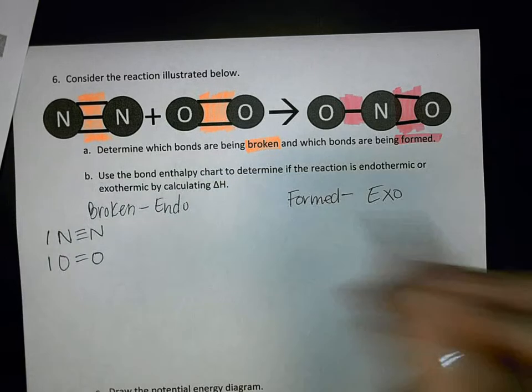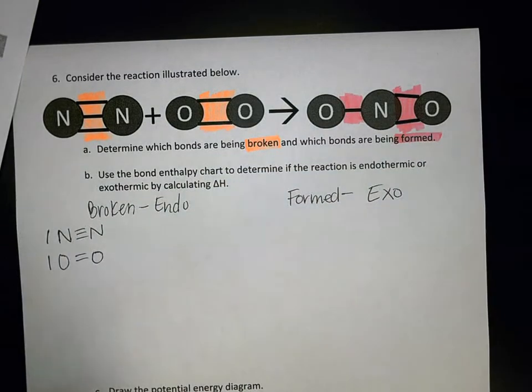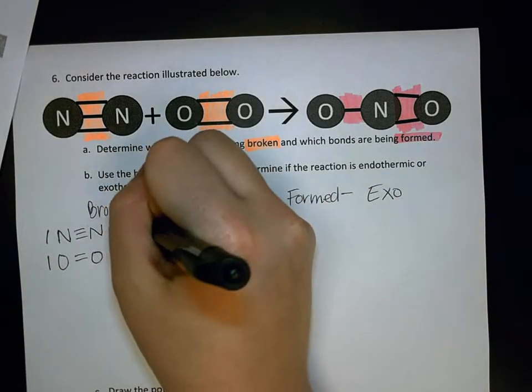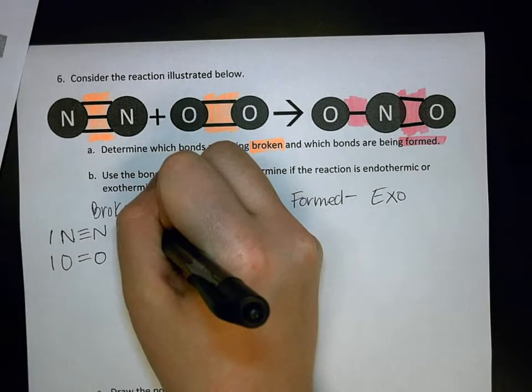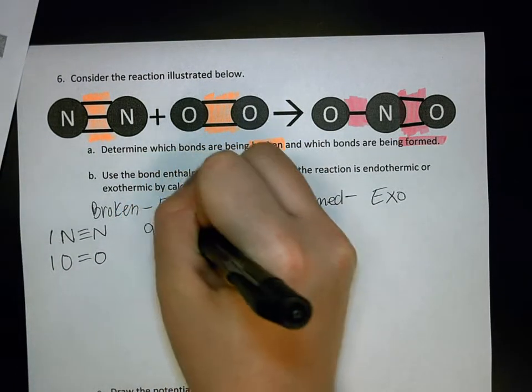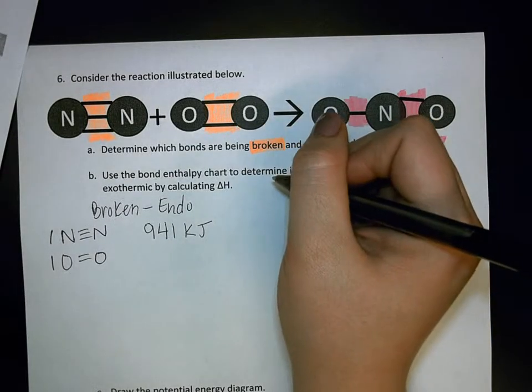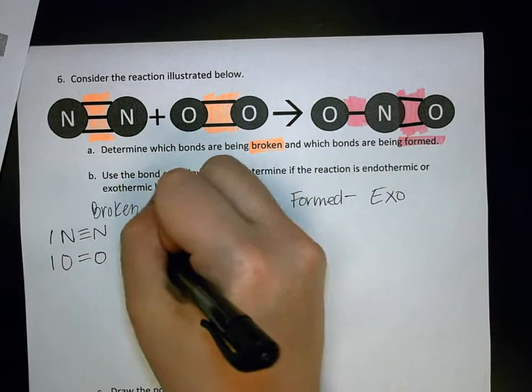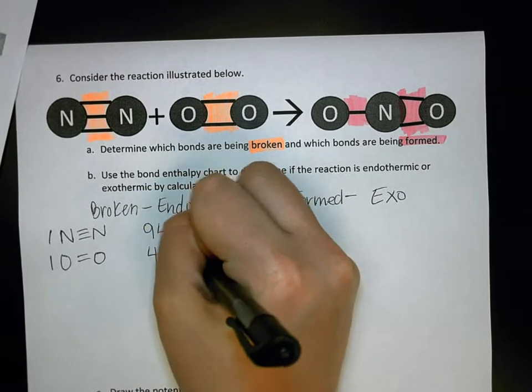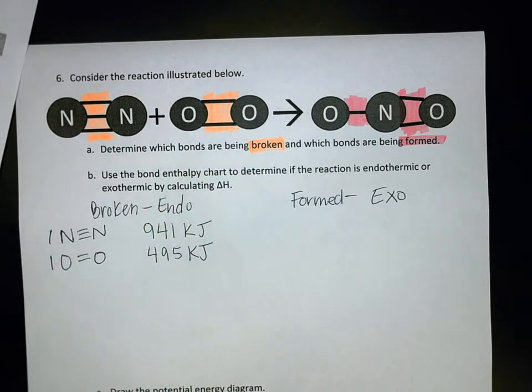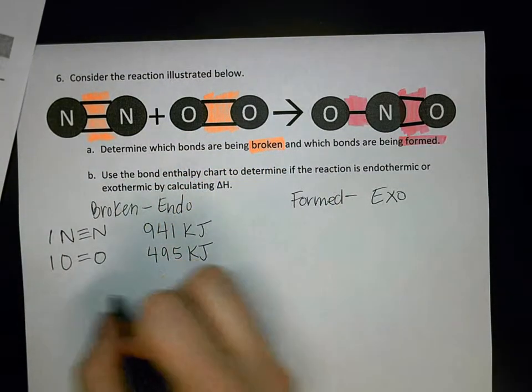So as far as bonds being broken, I have one nitrogen to nitrogen triple bond and one oxygen to oxygen double bond. So if we look, the nitrogen to nitrogen triple bond is going to have to absorb 941 kilojoules to be broken. The oxygen to oxygen double bond is going to need to absorb 495 kilojoules of energy. So I'm going to take these two numbers and add them up.